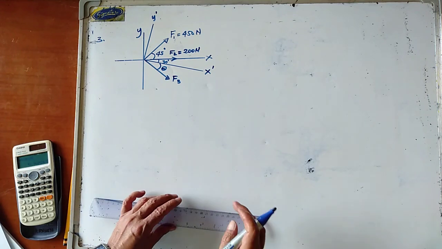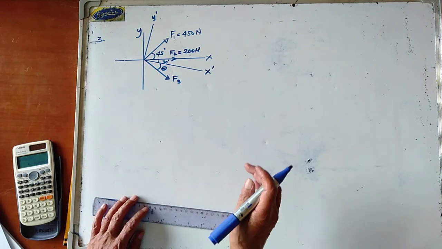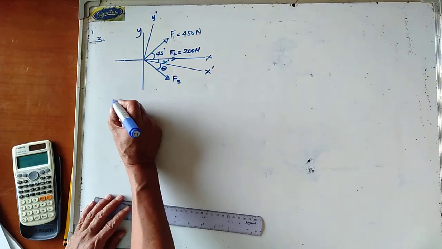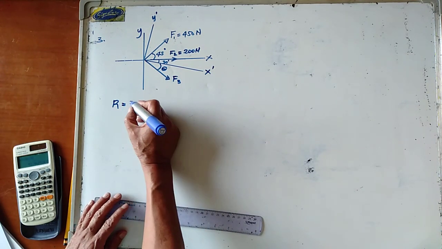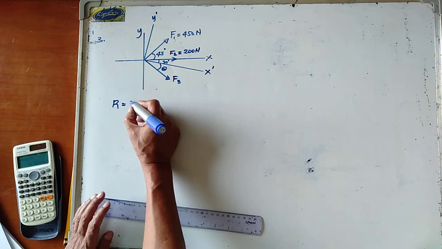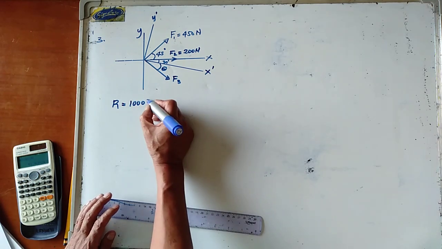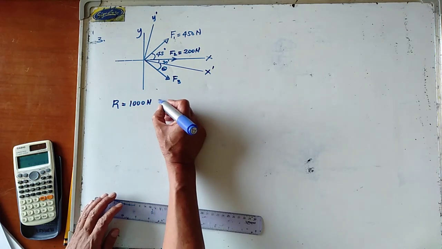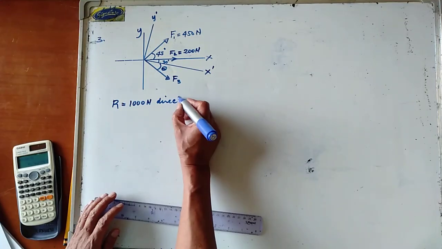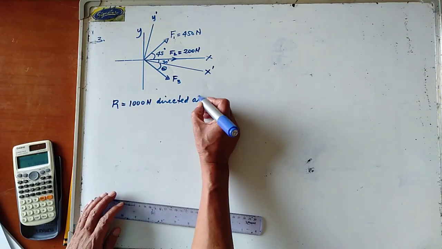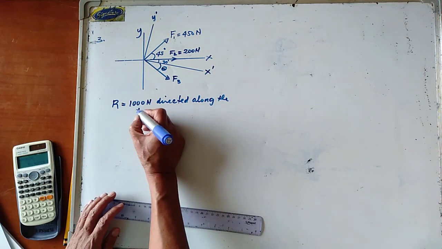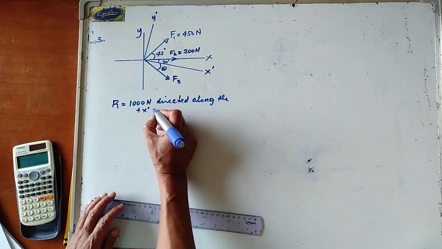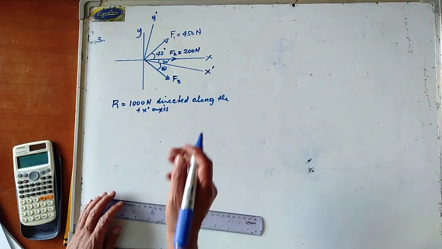We are required to take note in here that the resultant is equal to 1,000 newtons directed along the positive x prime axis.